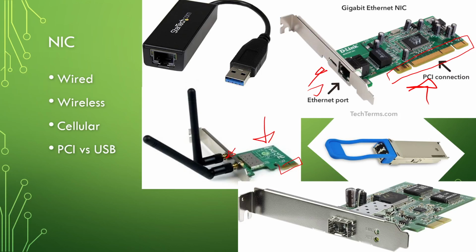Anyway, over here at the bottom, again, we have another PCI card, as you can see. Now this one has a bit of a funkier connection to it. This is another network card. It's not traditional Ethernet though. This is designed to actually have this other device right here slotted into that square. And then this is fiber optic.